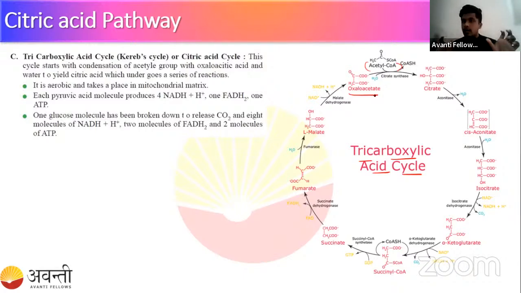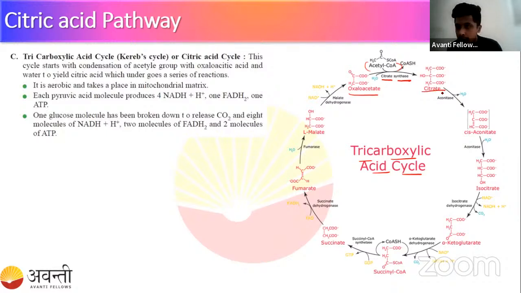This combining is called a condensation process. During this condensation, oxaloacetate combines with acetyl-CoA in the presence of an enzyme called citrate synthetase, which catalyzes this reaction where acetyl-CoA is eventually converted into citrate, or citric acid.